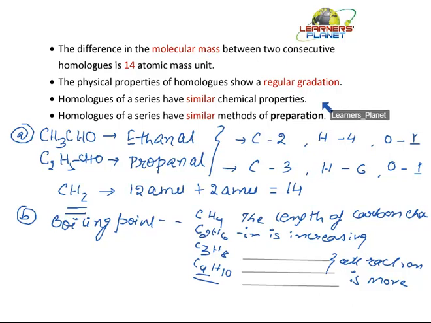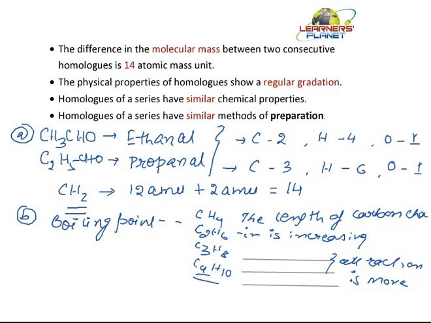In a homologous series, similar elements are arranged, so the properties would be similar. The next point: homologues of a series have similar methods of preparation. Again, we have similar functional groups, so their methods of preparation will also be the same. These are some of the characteristics of homologous series.